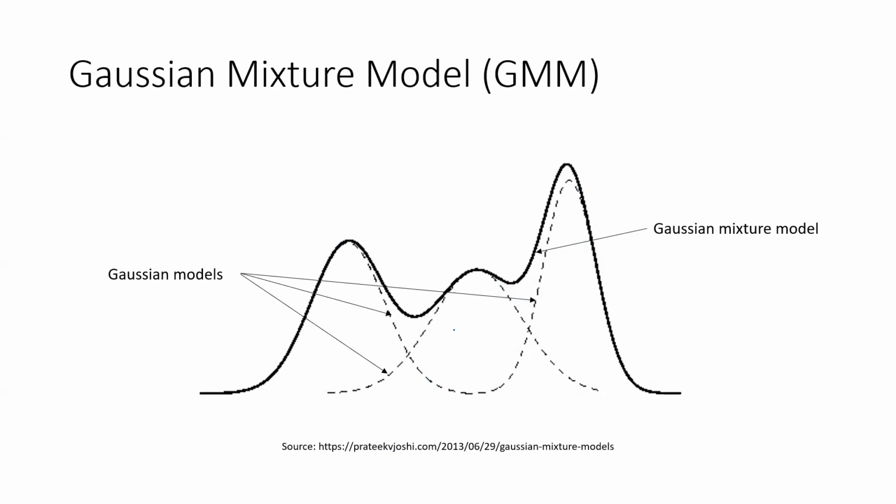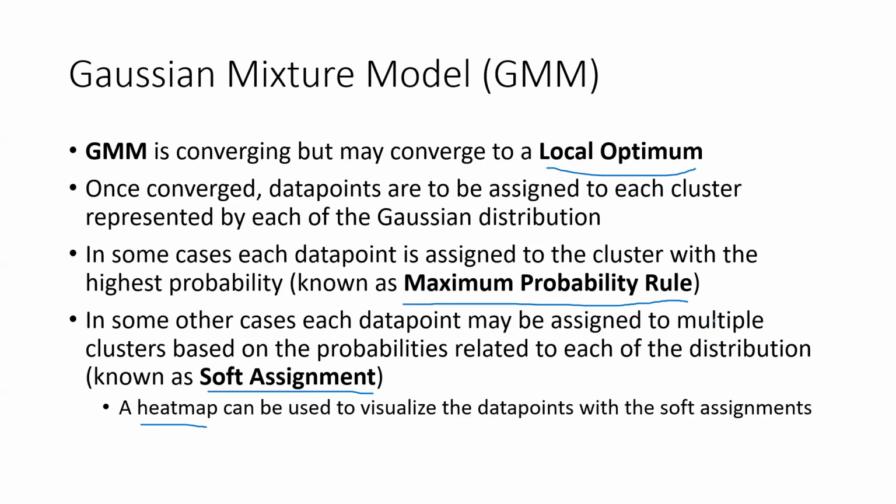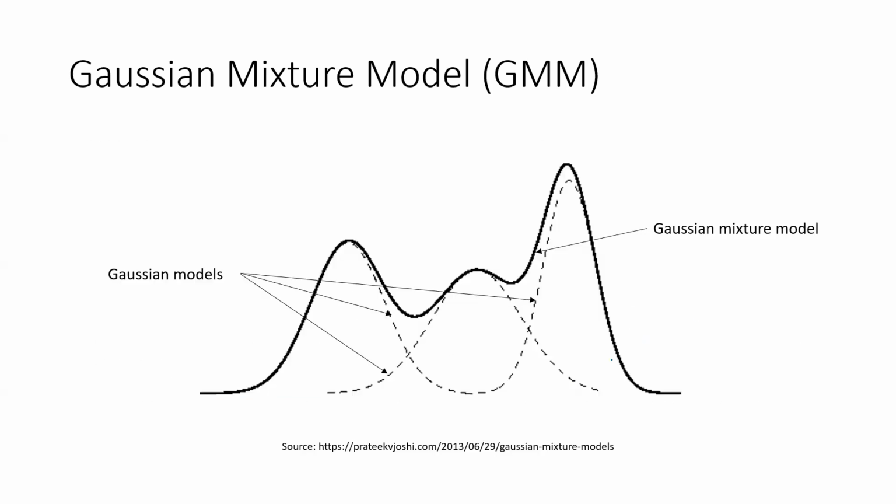You can either assume that a data point was generated by a single cluster and use the maximum probability rule, or you can assume that the data point may be caused by a combination of these three clusters. So you can assign that particular data point to multiple clusters as well.